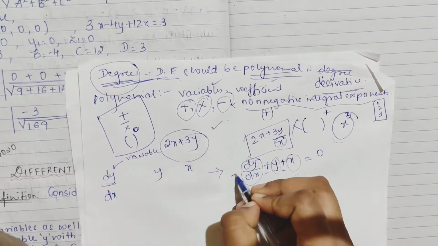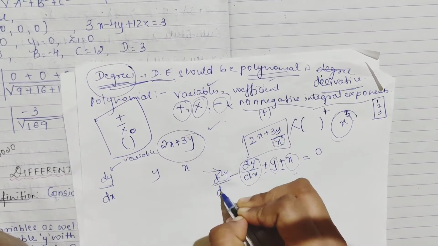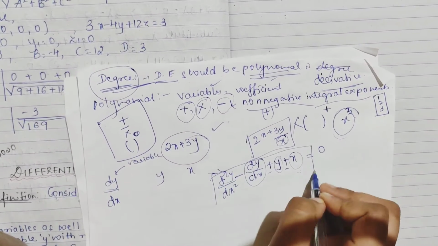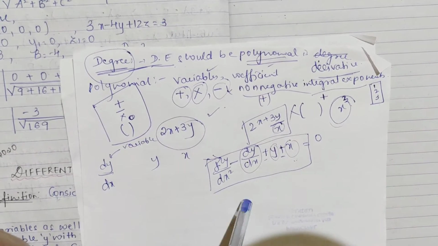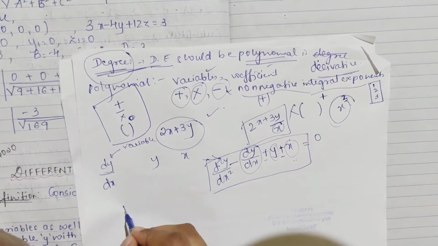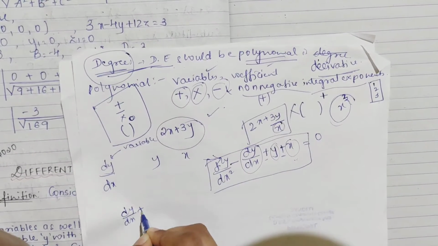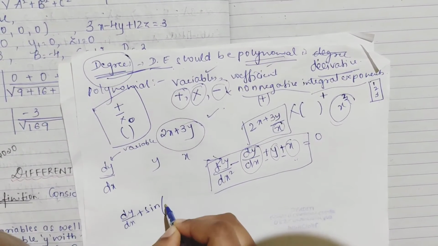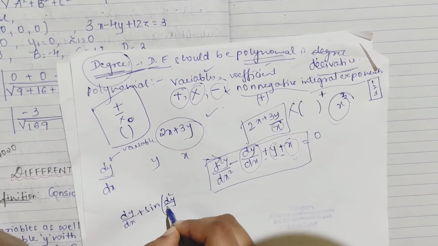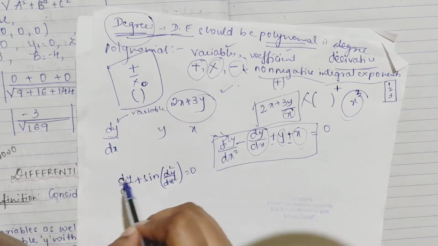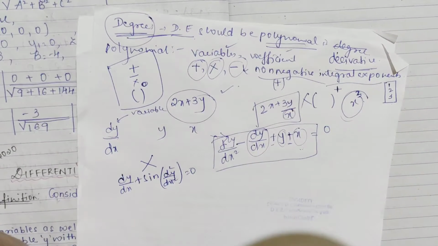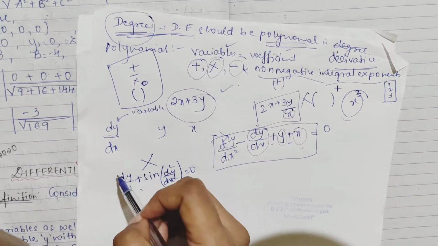If you again have, say, minus d2y by dx square, even this you can consider as a polynomial and you can find its degree. Now suppose you have dy by dx plus sine of d2y by dx square. See here, this is not a polynomial, so you can't find the degree of this.